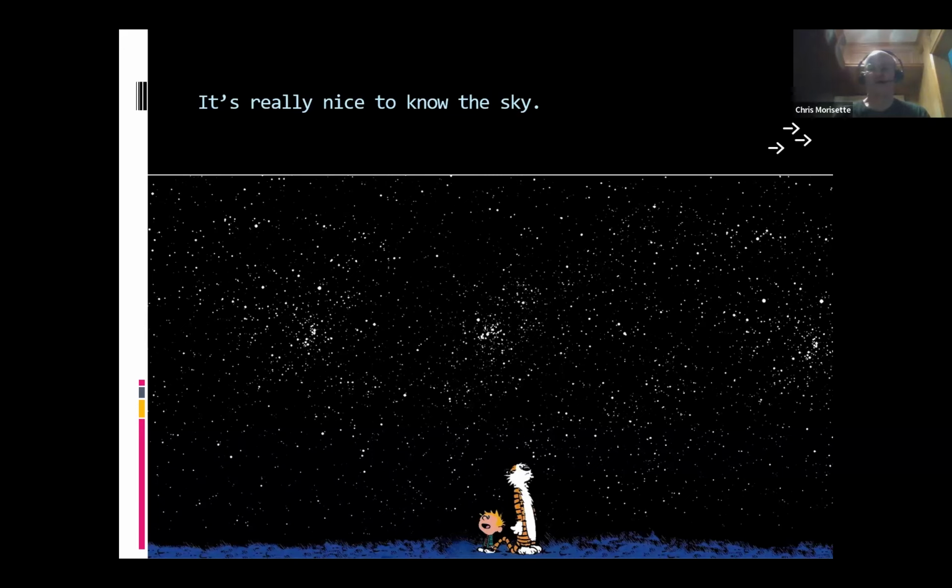It can come in handy because sometimes you don't have access to a cell signal or a piece of equipment that you would need. And there's also a certain amount of accomplishment and enjoyment in learning the night sky on your own. So that's my encouragement tonight. Certainly use the apps, they're a great learning tool, but use them so that you can get to a point where you can navigate on your own.